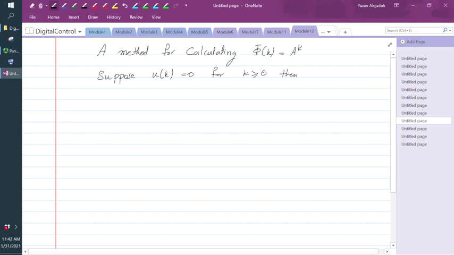Then the state space representation becomes x of k plus 1 equal to A multiplied by x of k. Now if you take the Z transform of both sides, I'm going to get z multiplied by X of z minus z multiplied by x of 0 equal to A multiplied by X of z.